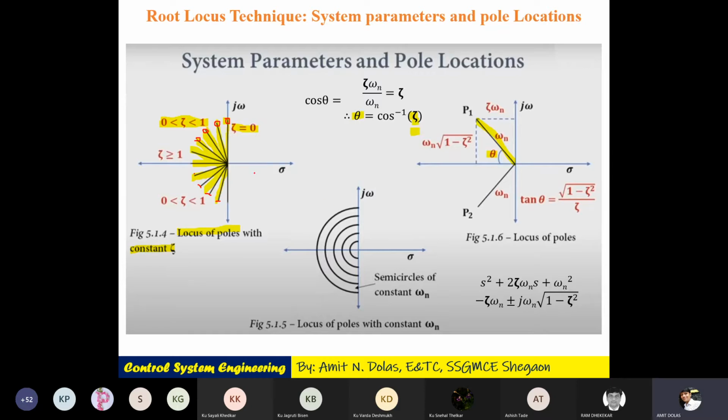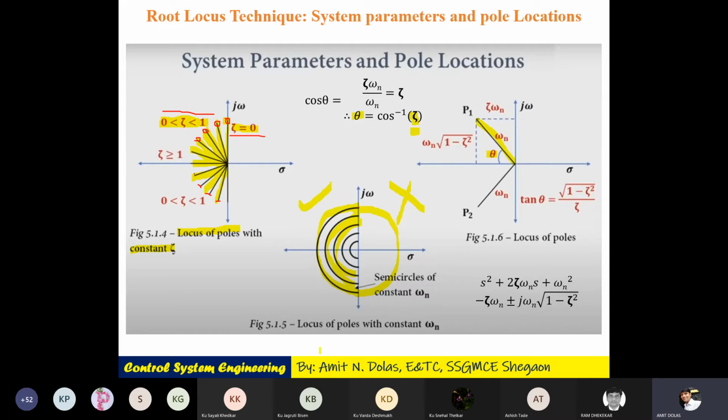But if you are trying to smoothly vary this zeta between 0 to 1, then what will you get? You will get semicircles like this. Why not a circle? If it goes in a circle, it will go into the unstable region, that is the right half plane. So you'll get semicircles like this, which is a stable region.